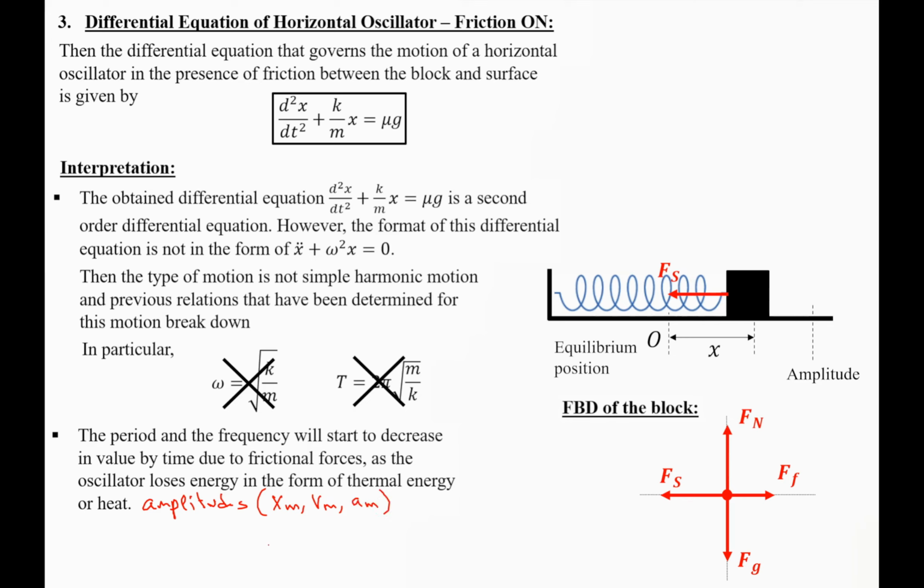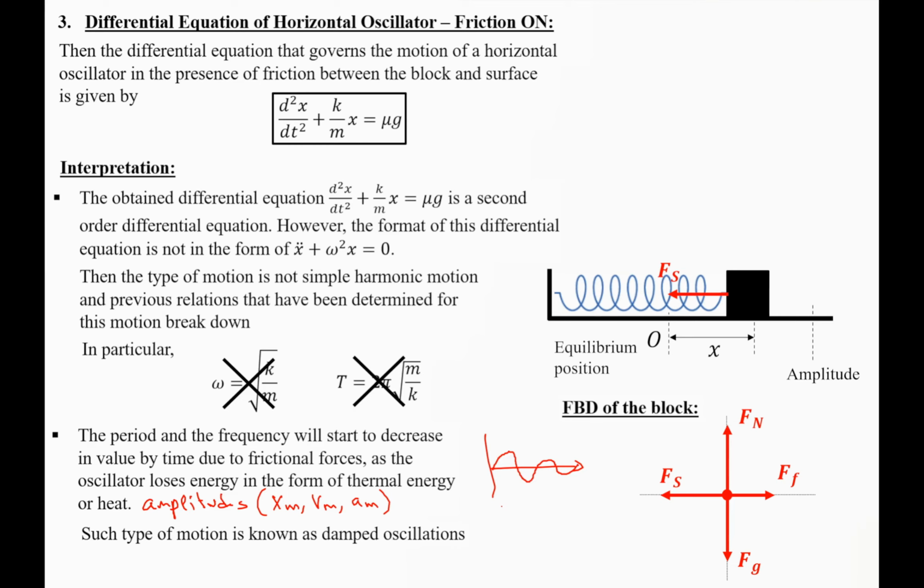So in the presence of friction, the period will start to increase. It will take more time to oscillate, and moreover the amplitudes of oscillation will decrease. So if you plot the curve, you expect that the curve for oscillation would be something like that. And how much it will decrease depends on how strong the friction is.